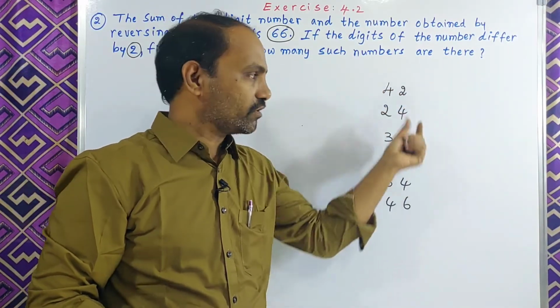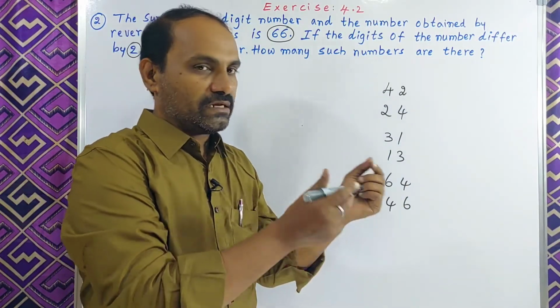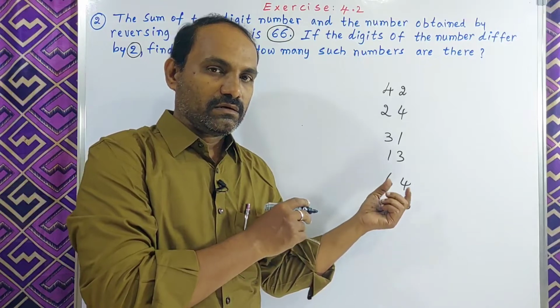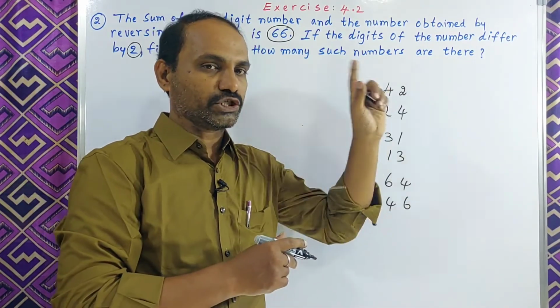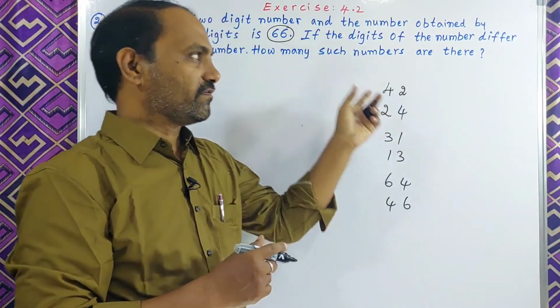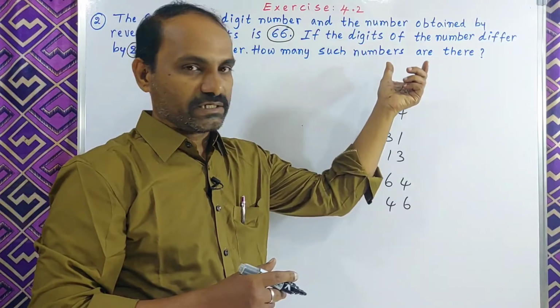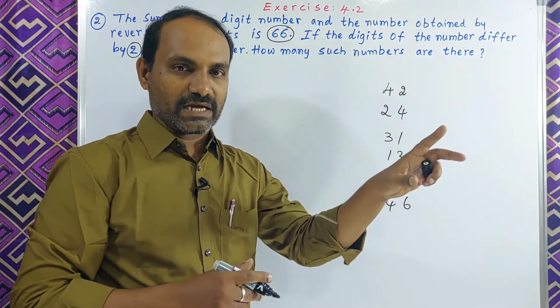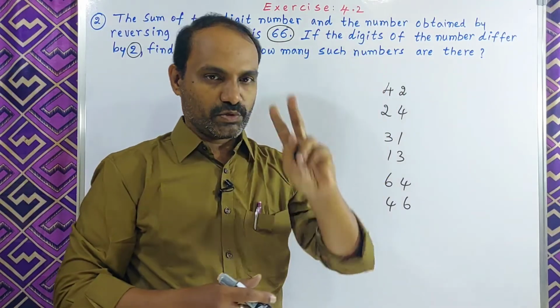The difference is 2 here, between the units digit and tens digit. Whenever the units digit is greater or the tens digit is greater, the difference is 2. He has not given particularly that the units digit is greater or the tens digit is greater. He has only given that the digits differ by 2.